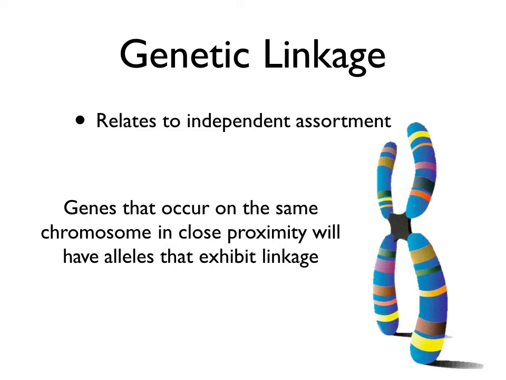They are not assorting independently, those genes that are on the same chromosome. And this is the principle of genetic linkage, okay? So things that are in the same area, especially if they're particularly close on a chromosome, will exhibit high levels of what we call genetic linkage. And this is something we'll talk about a great deal more later in the course.